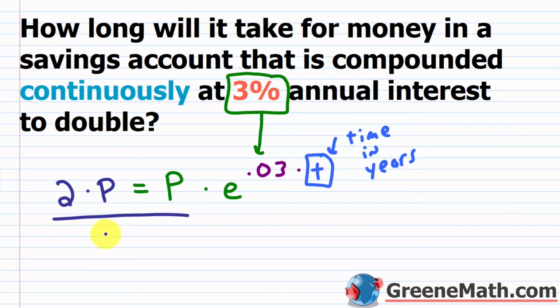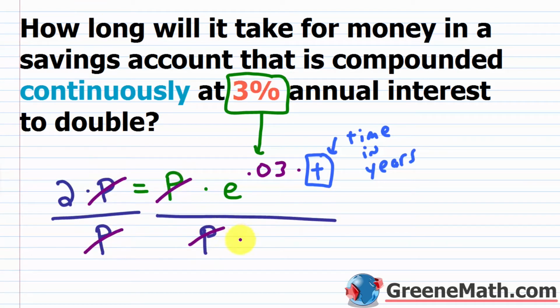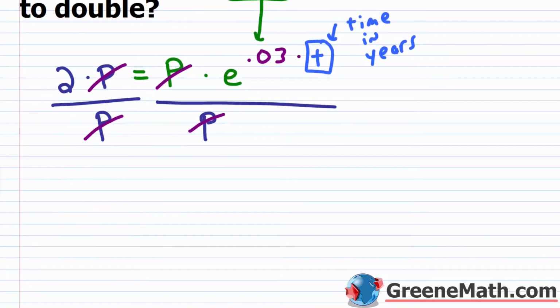You're just going to divide both sides by P. And we know that this would cancel and this would cancel. And from here, it becomes very, very simple. We have 2 is equal to e to the power of 0.03 times this variable t.